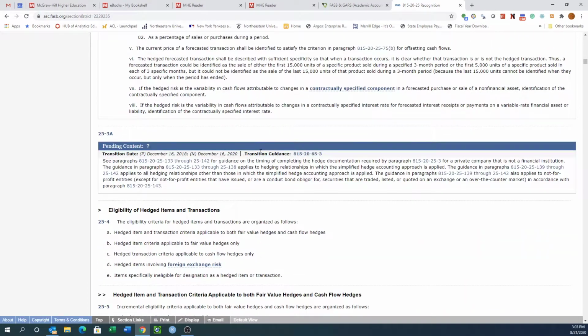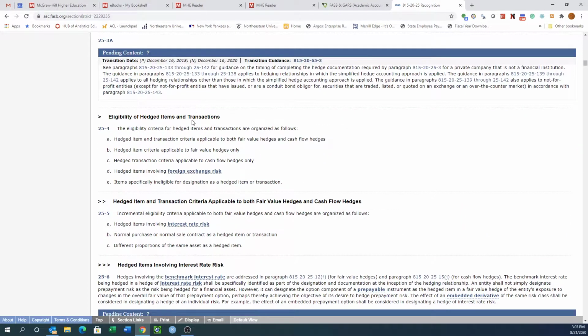So let's go down to looking at the eligibility of hedged items and transactions. Right? So the hedged item and transaction criteria for both: the hedged items involve interest rate risk, or there's a normal purchase and sale contract as a hedged item or a transaction.